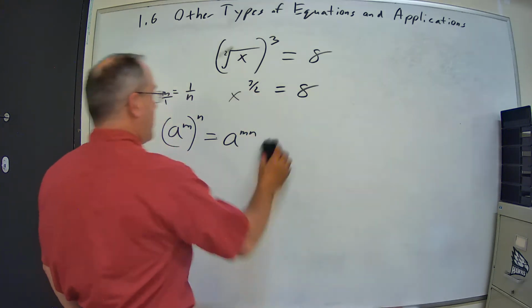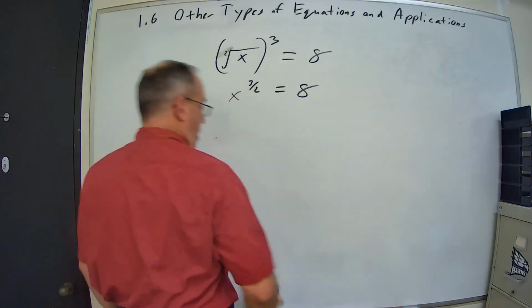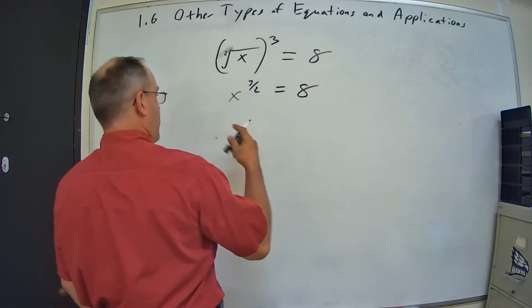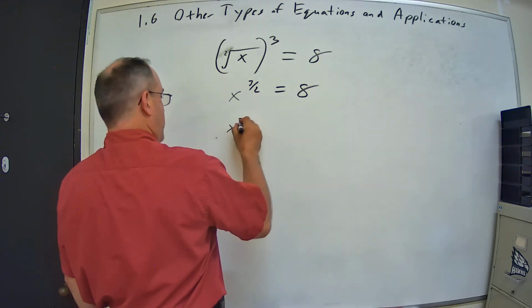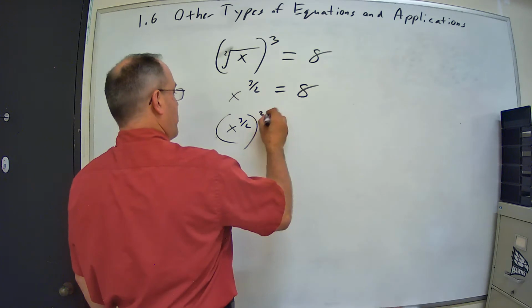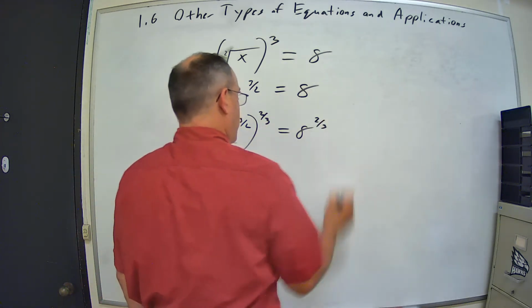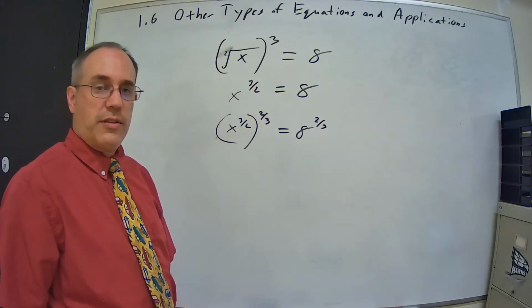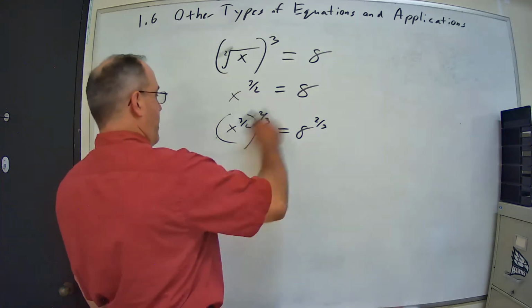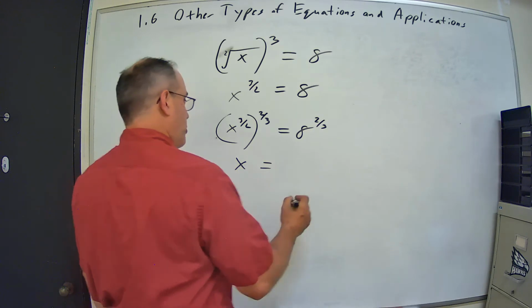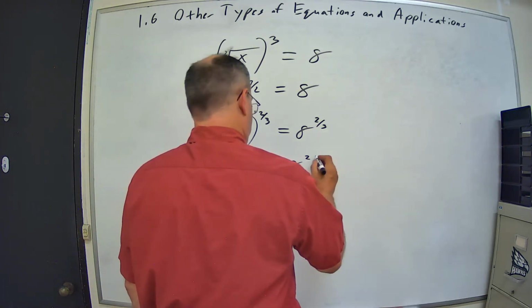So in this particular case, that would be saying x to the 3/2 raised to the 2/3 is equal to 8 to the 2/3. So that cancels this out, so x is equal to 8 to the 2/3.